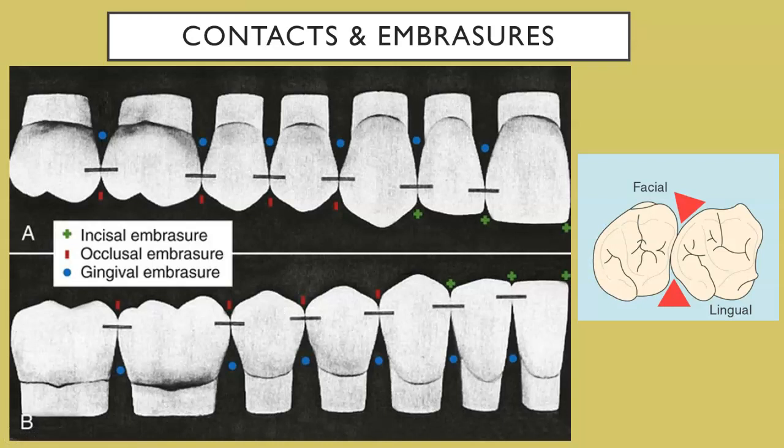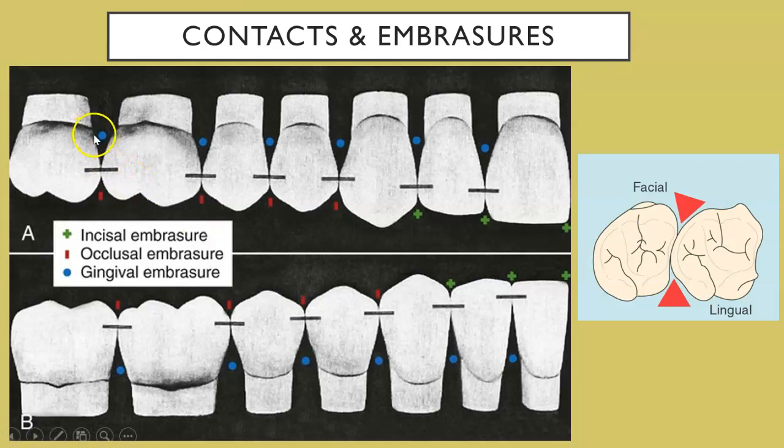The other type of anatomical feature is the embrasures, and the embrasures are basically the triangular space near the gingiva, and it's going to be located between the proximal surfaces of two adjoining teeth. They are continuous with the interproximal space between the teeth, and the contour is going to include the contact area as well.